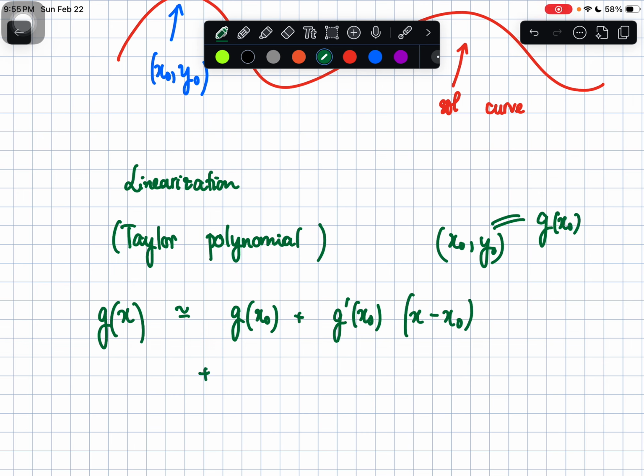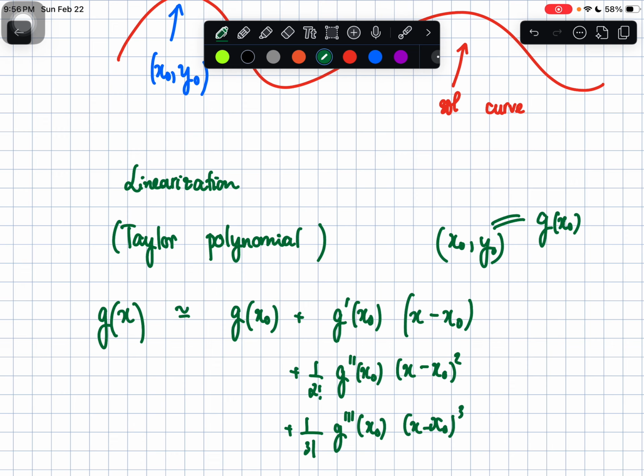And then if you want more degrees, you would have plus 1 over 2 factorial g double prime of x0 times (x minus x0) squared, plus 1 over 3 factorial g triple prime of x0 times (x minus x0) cubed, and so on.